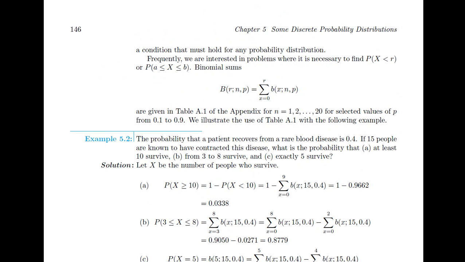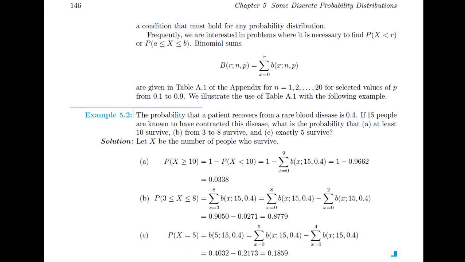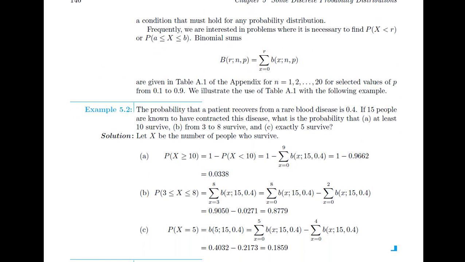Frequently we are interested in problems where it is necessary to find the probability of X less than r, or the probability of X being between a and b, inclusive.